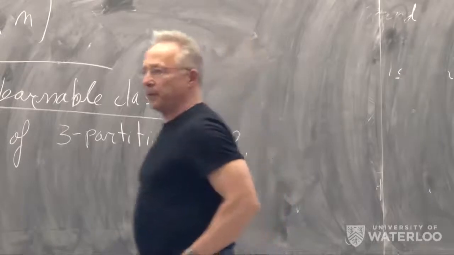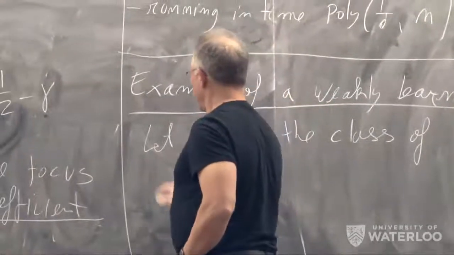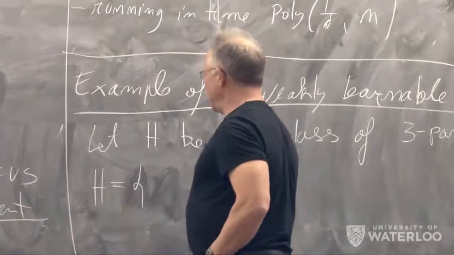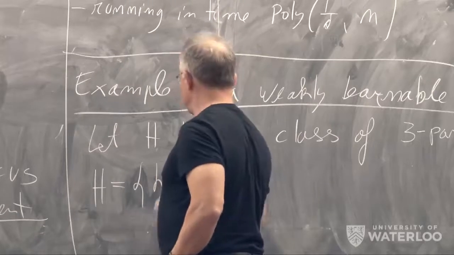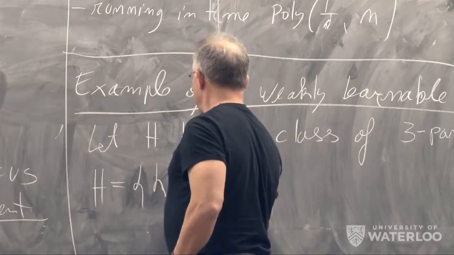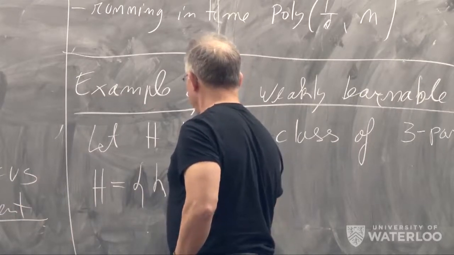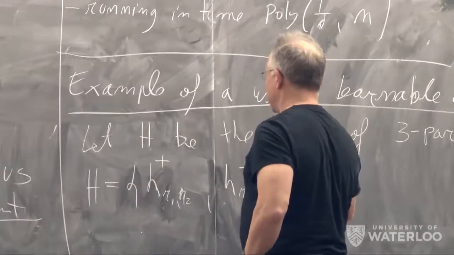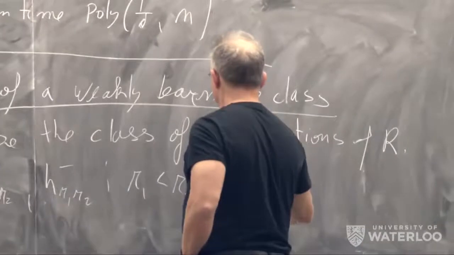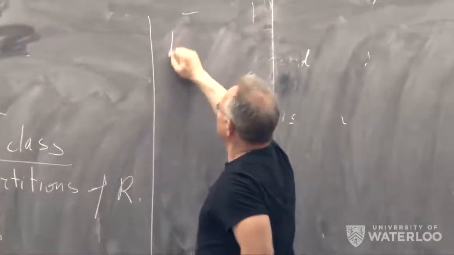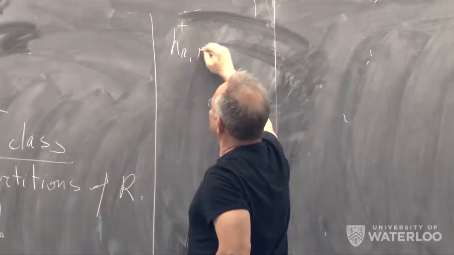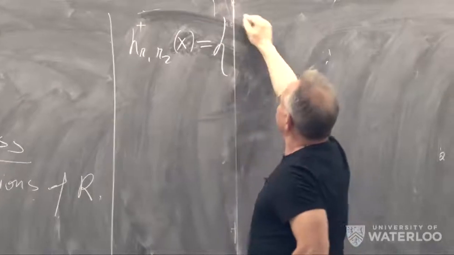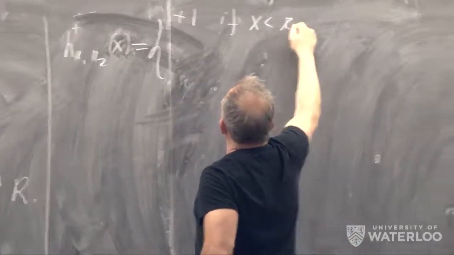of R. So what do I mean by this? Every h is the set of all h plus R1 R2 and h minus R1 R2, such that R1 is less than R2 and they are both in R, and h plus R1 R2 of x is plus 1 if x is less than R1.